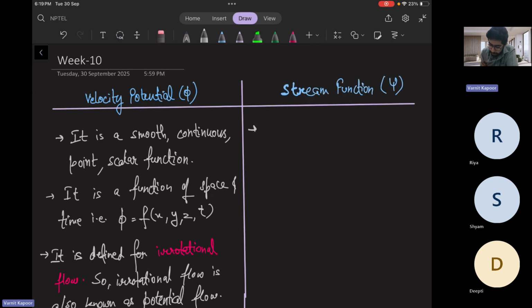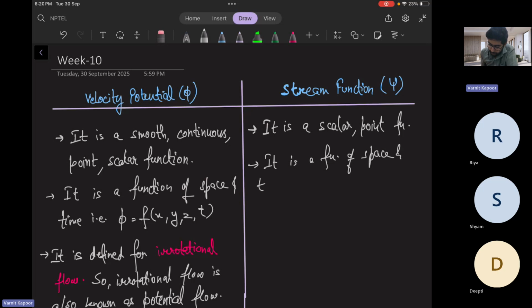That's right. It is a scalar point function. It is defined as a function of space and time. That is, psi is a function of x, y, z, t.